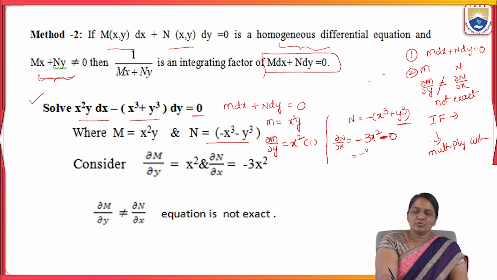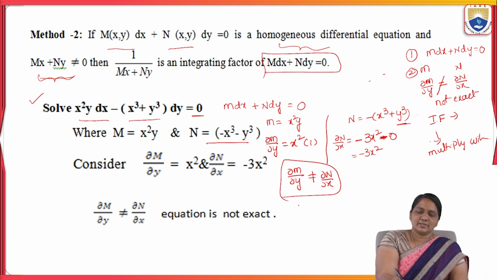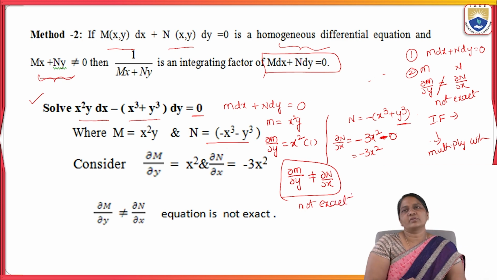So this value is minus 3x square. So dou M by dou y is not equal to dou N by dou x. So this is not an exact equation.